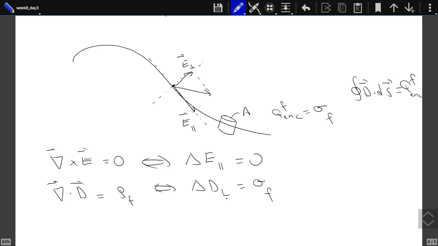And similarly, for the curl of E, we apply the curl of E equal to 0. This also tells me that the integral of the electric field around any closed loop should be 0. So since it is true for any loop, we consider this rectangular loop.